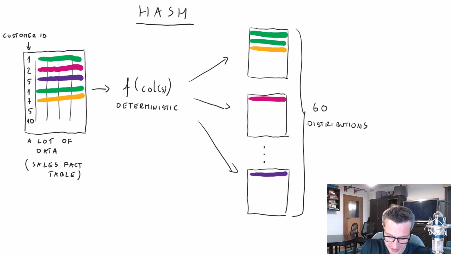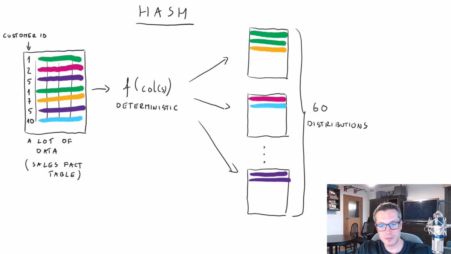So we again have customer. Oh, come on, wrong color. We have customer number 5, which was purple, and it would be assigned to the last distribution. And we have customer number 10. Let's use this light blue, and maybe it would be assigned, I don't know, to the second distribution, like so.